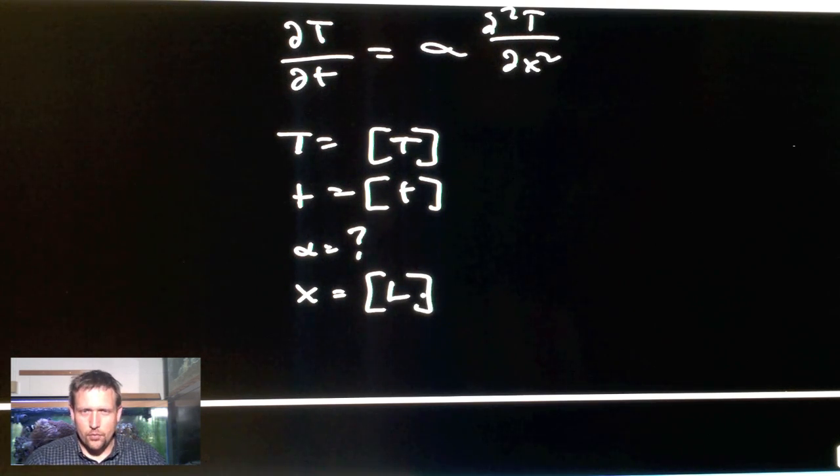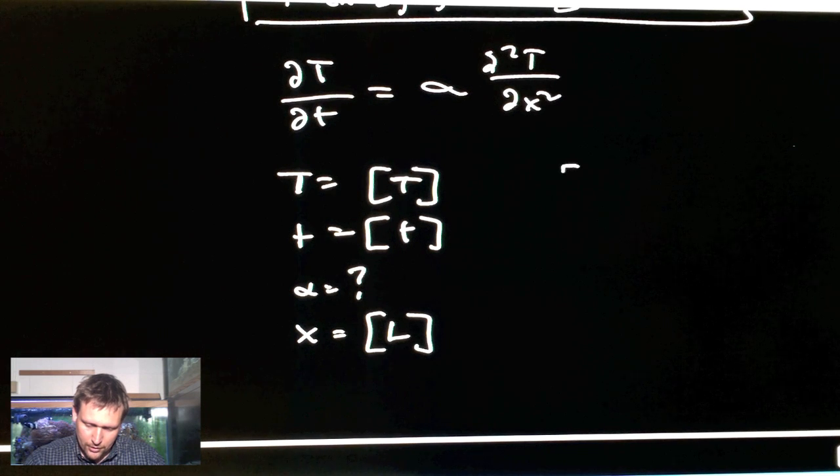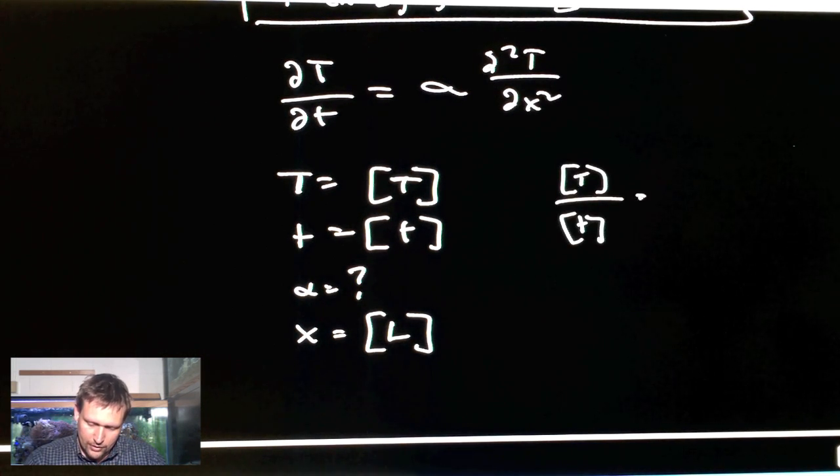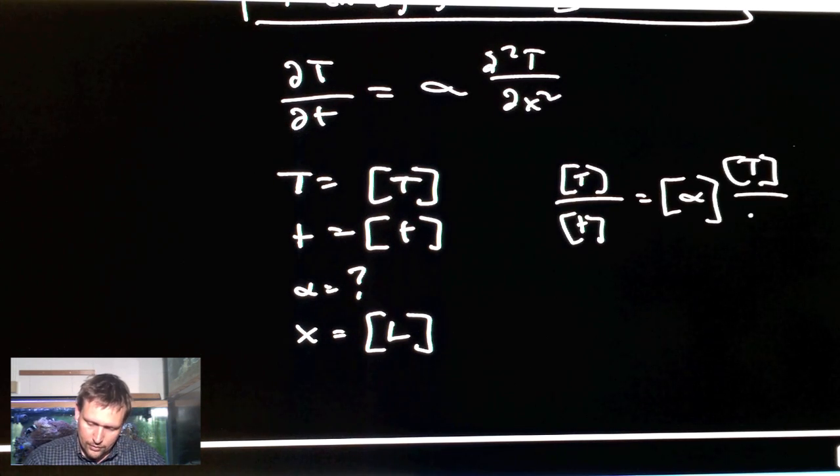What is alpha? Well, if you don't know alpha a priori, for the problem to be consistent, you can determine it from the dimensions of the other variables in the problem. So here we're going to have temperature by time equals the units of alpha times temperature by the units of the length of the system squared.